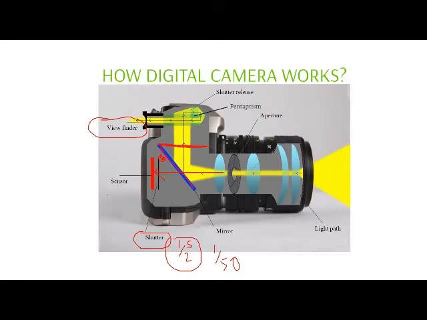But there are some downsides. We are going to discuss those downsides as well, because they are controlling the light, but they have advantages and some downsides associated with them. I hope you have understood this principle of a digital camera, right?